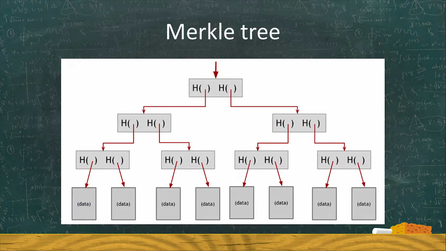You can simply sort them lexicographically, and if you want to prove that a particular data is not present in this, simply show two consecutive data elements in this Merkle tree and show that the data you're trying to prove is not there is in between these two in the lexicographic order. Okay?